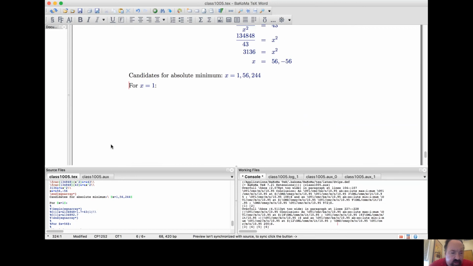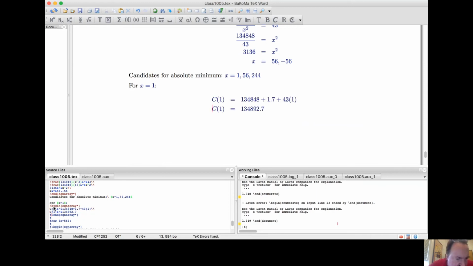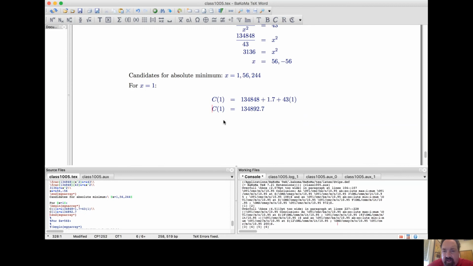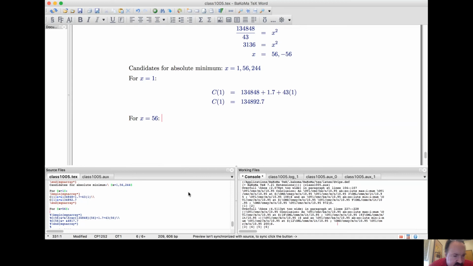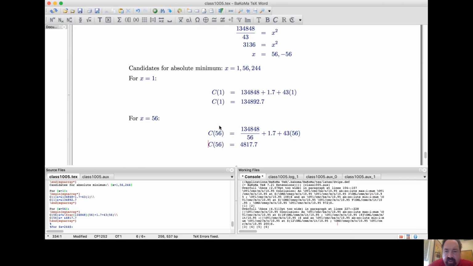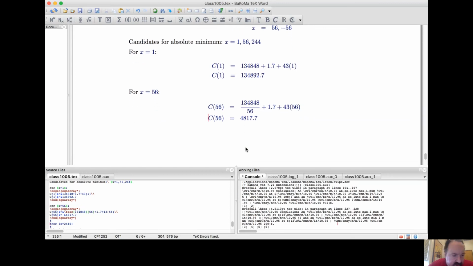So first, x equals 1. And we find that the average cost in that case is pretty high. So now we substitute in the critical point, 56, and we get a much lower average cost in that case.